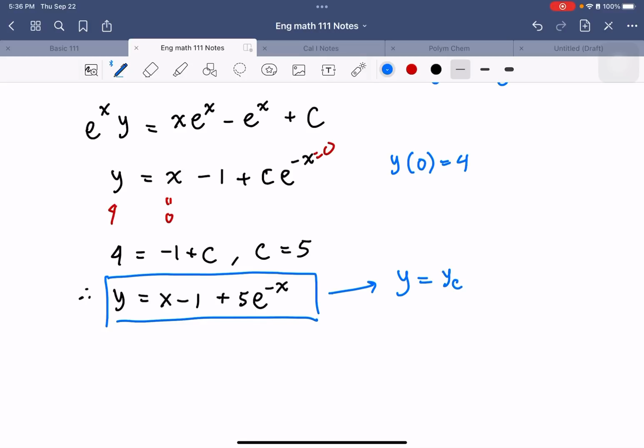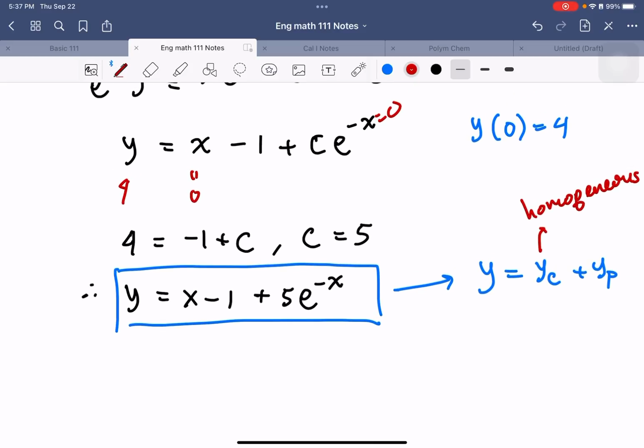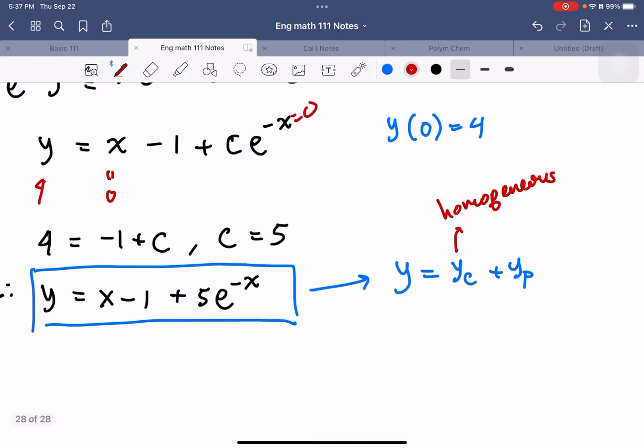We call these yc and yp. yc is when we have the homogeneous equation, where the right side of the differential equation is equal to 0. And this is the particular solution.